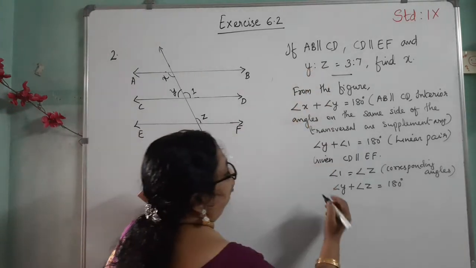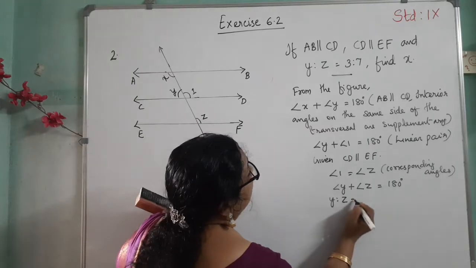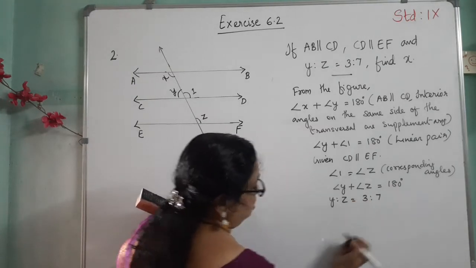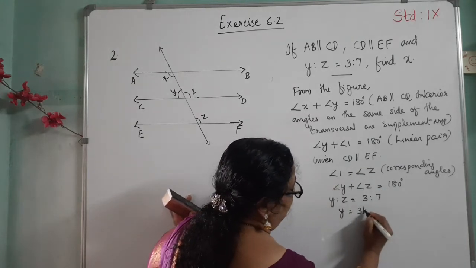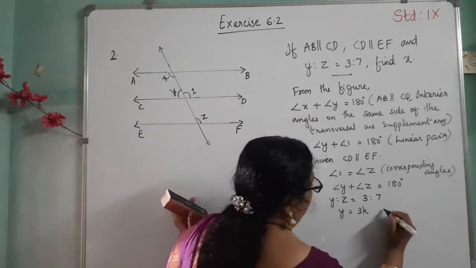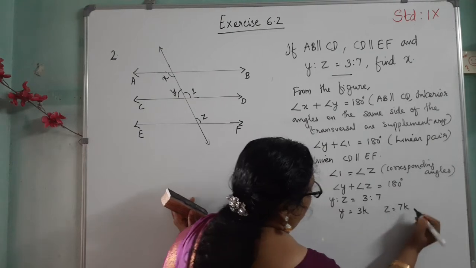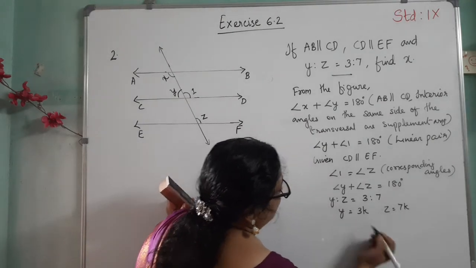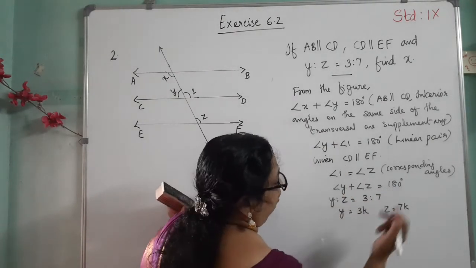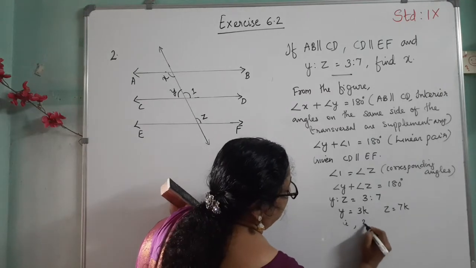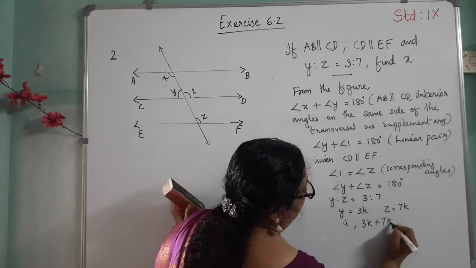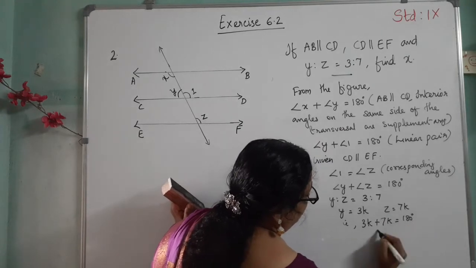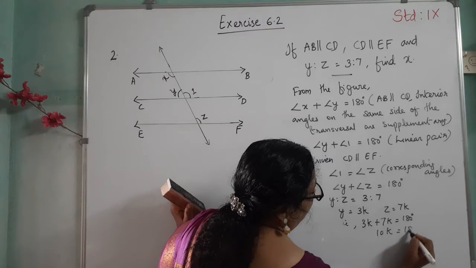Then given that y is to z equal to 3 is to 7. So we can write y equal to 3k, k one constant, and then z equal to 7k. So y plus z equal to 180 degree, that is 3k plus 7k equal to 180 degree. 10k equal to 180 degree.